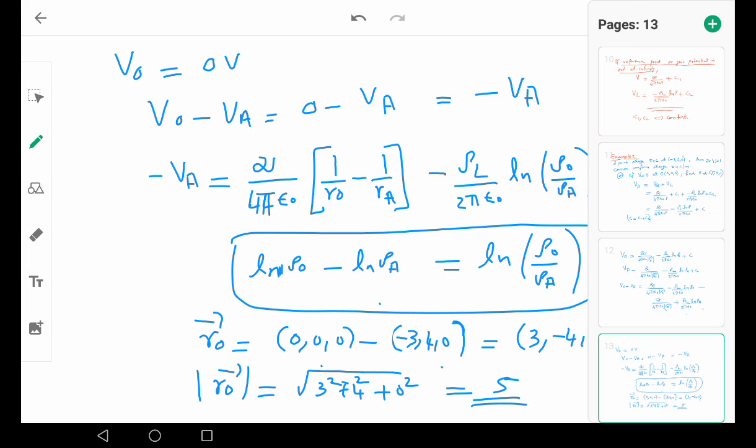What about rho 0? How to find out rho 0? It's from the line, right? So you have to find out the potential at 0, 0, 0. The line is given by y equal to 1, z equal to 1. Those are constant, you cannot change those things.